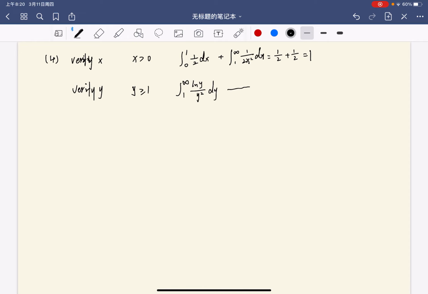And using the same method as in the second question, we let ln y equal t, so that we can write the integral in this form, and this part equals 1. So this is verified for y.